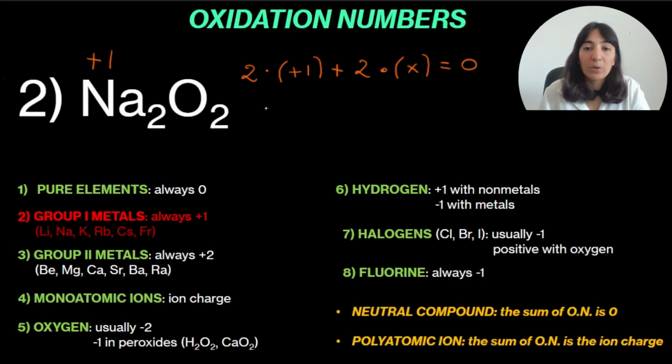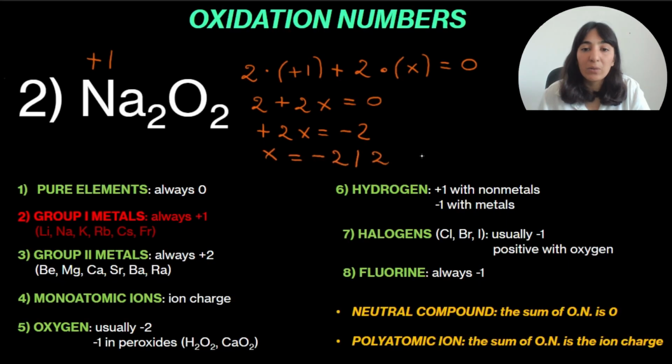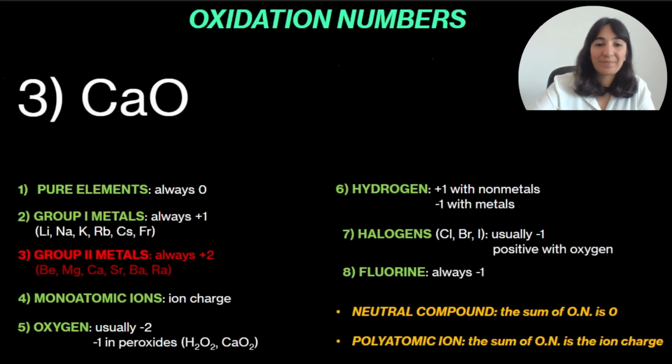Now we solve this equation for x. 2 times 1 equals 2, plus 2x equals 0. We move this 2 onto the other side of the equation and we change the sign, +2x equals -2, x equals -2 divided by 2, x equals -1, which is the oxidation number of oxygen, -1.